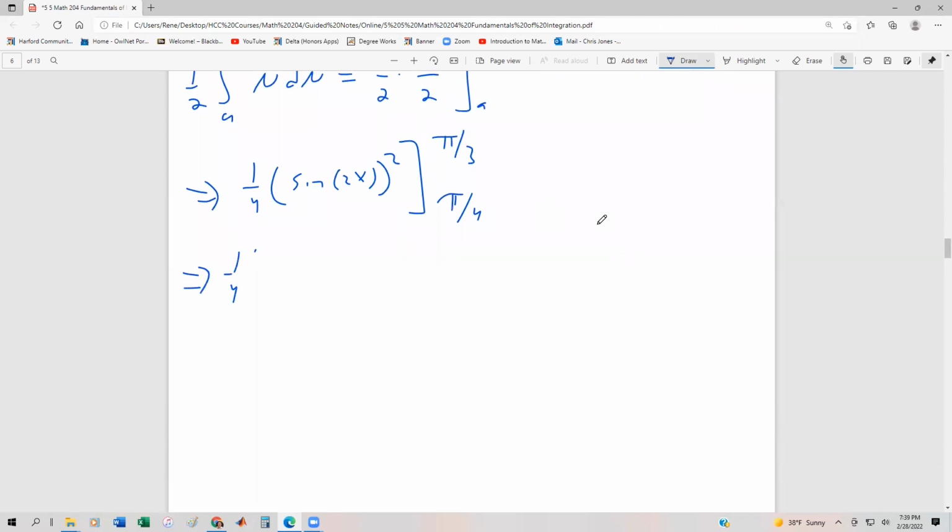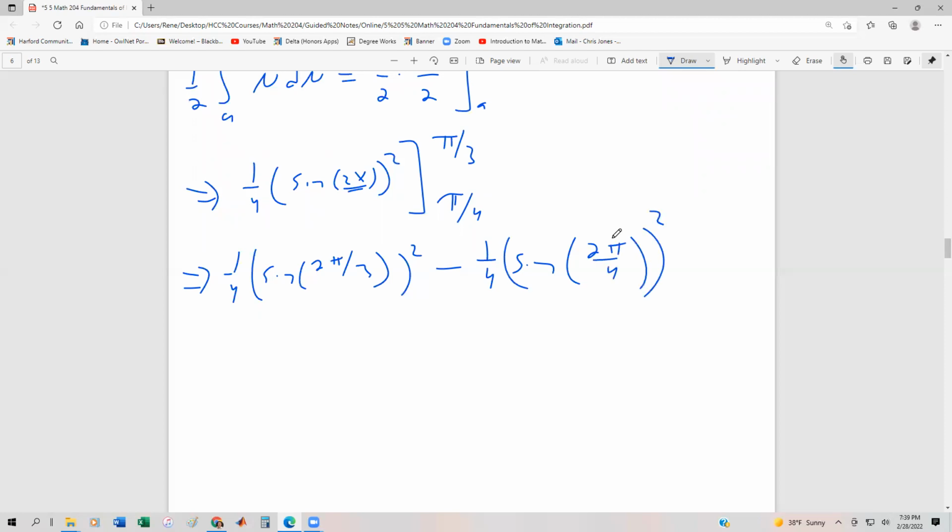So we get 1/4 sine of 2 pi thirds squared minus 1/4 sine of 2 pi fourths. We're substituting, we're multiplying by 2. So this is 2 pi fourths, squared. Now we know that 2 pi fourths is the same thing as pi halves, so that's just going to simplify really nicely into pi halves.